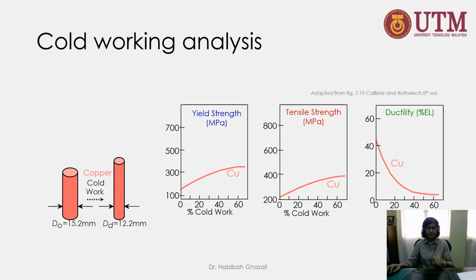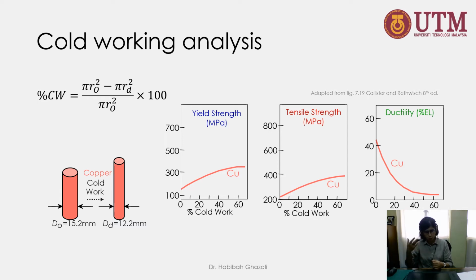So I can calculate what percentage of cold working I have induced in this rod by using this equation here, in which I calculate the change of cross-sectional area divided by its original cross-sectional area times 100. I figure out that the cold working percentage is 35.6%.